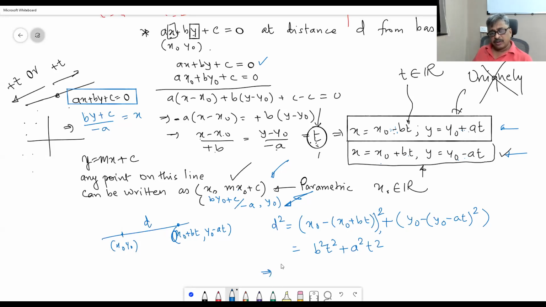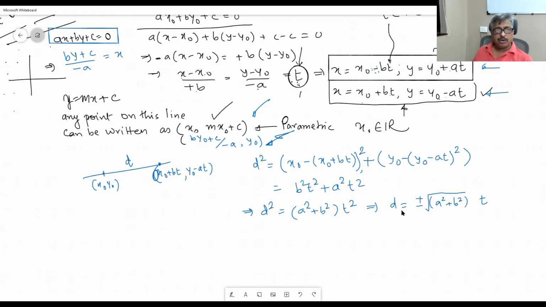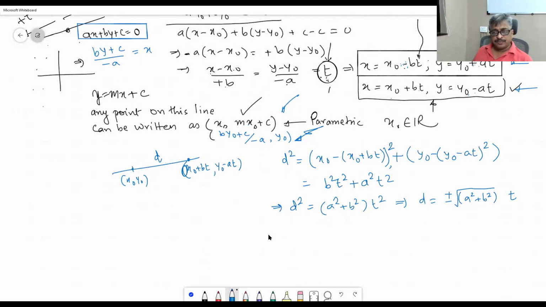That makes it d square is equal to a square plus b square times t square. That makes it d is equal to plus or minus radical a square plus b square times t. Okay, but we are not interested in d because we have been given d, therefore t is equal to plus or minus d upon radical a square plus b square.